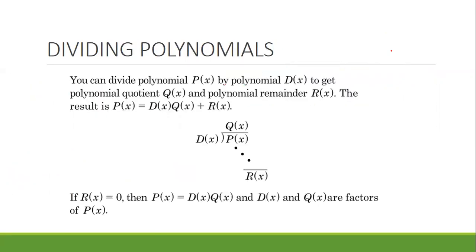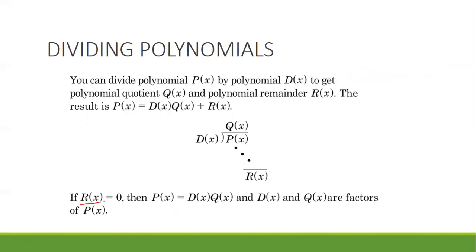Dividing polynomials. Your P of X, your polynomial, that is your dividend, equals the divisor times the quotient plus your remainder. So our divisor times our quotient plus the remainder is going to produce your P of X, okay?